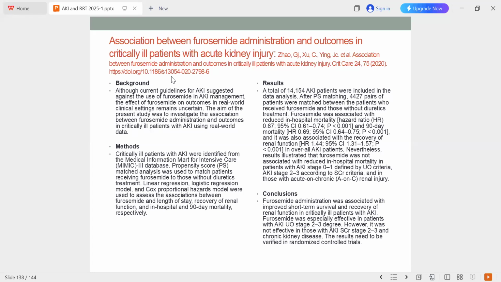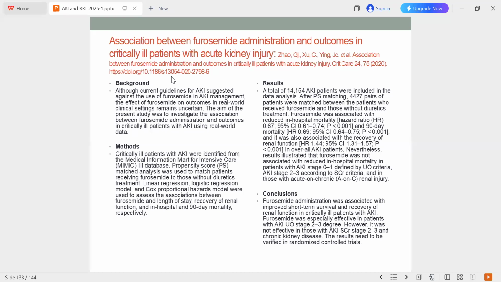Critically ill patients with AKI were identified from the Medical Information Mart for Intensive Care (MIMIC) ICU database, and a total of 14,154 AKI patients were included in the data analysis. All right. And they found that furosemide was associated with reduced in-hospital mortality. Okay. And it was also associated with recovery of renal function, all right, in overall AKI patients.